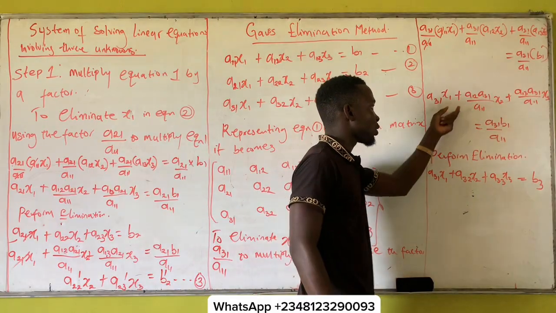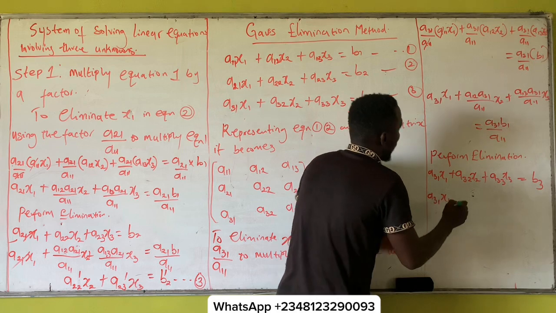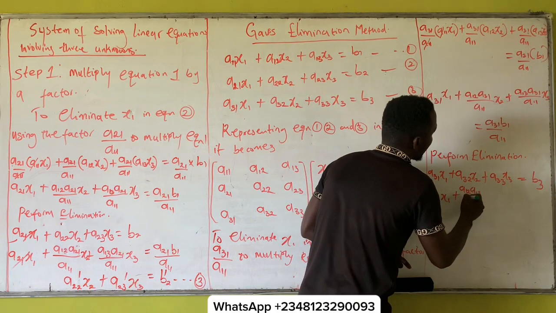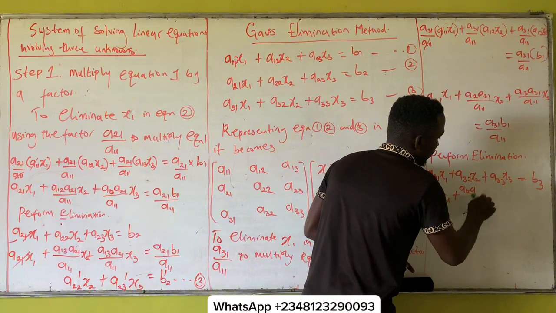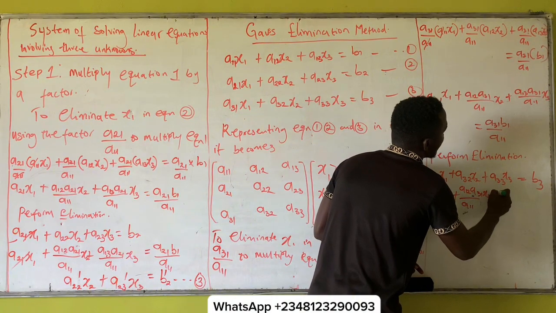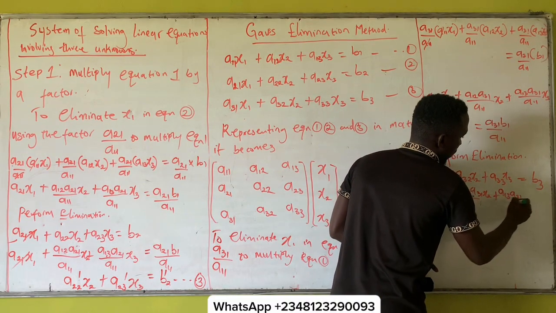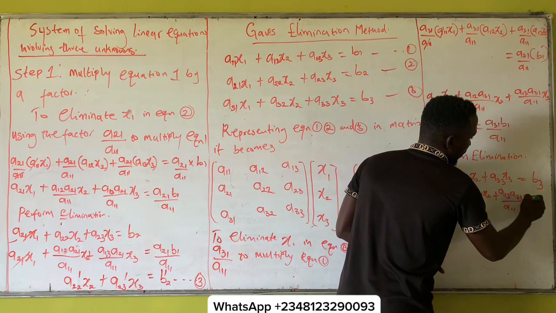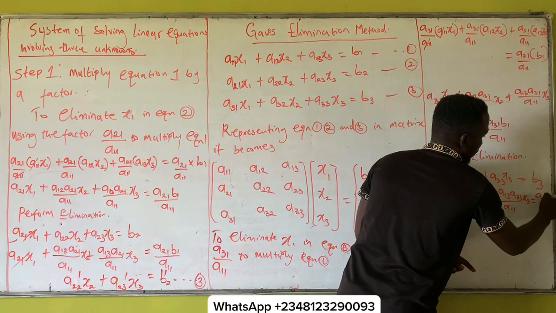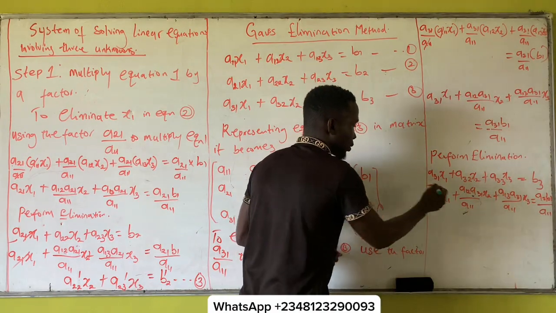We can simply put it here: A31 x1 plus A12 A31 all over A11 x2 plus A13 A31 all over A11 x3 equal to A31 B1 all over A11. The next step, elimination, subtract.